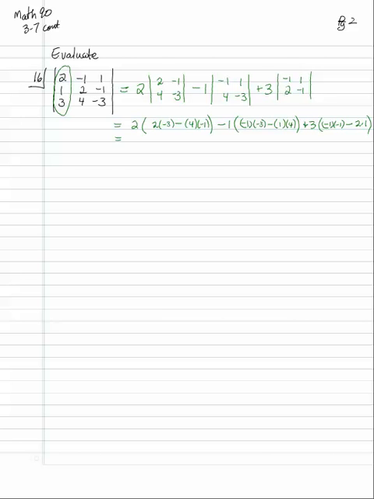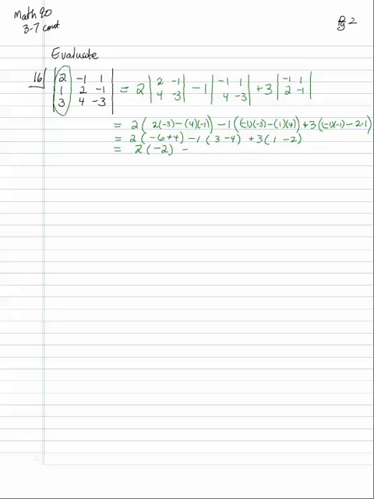So we're going to get 2 times -6 plus 4 minus 1 times 3 minus 4 plus 3 times 1 minus 2. Okay, I'm doing order of operations, that's all, nothing too extravagant.